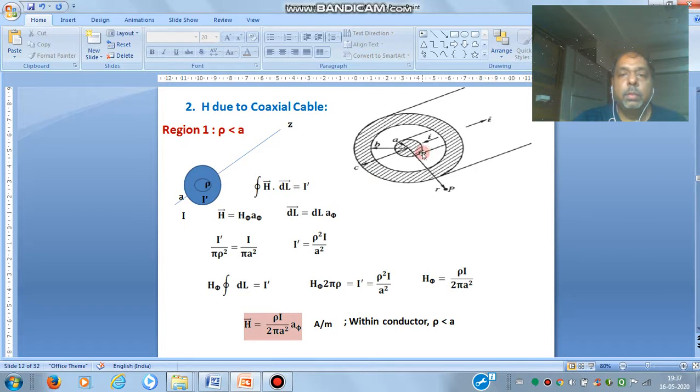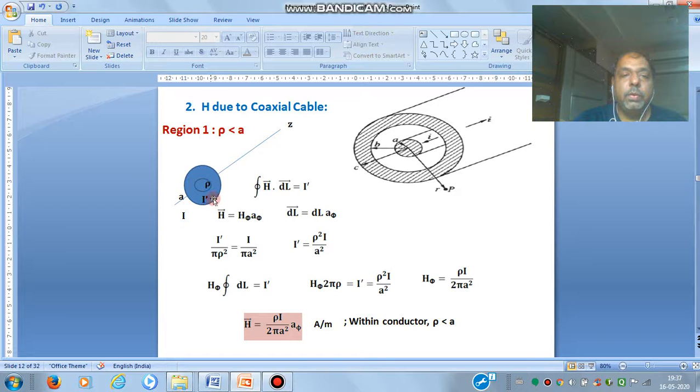But here we assume the current density is uniform, so the current per unit area in this loop and in this loop will remain the same.